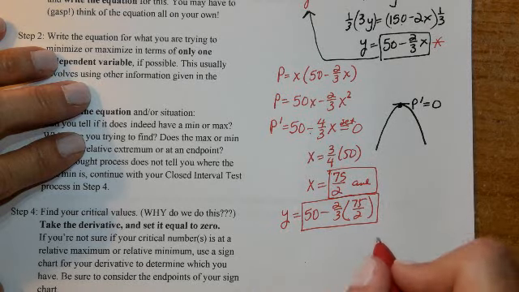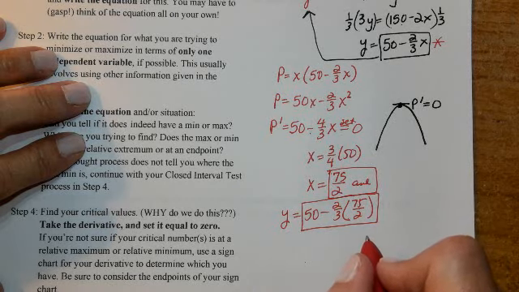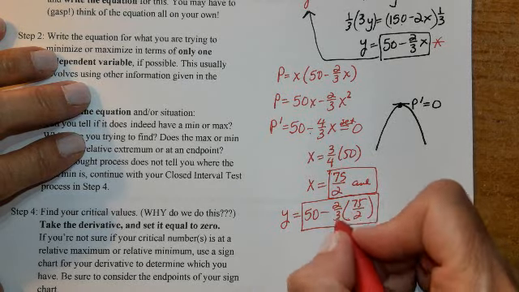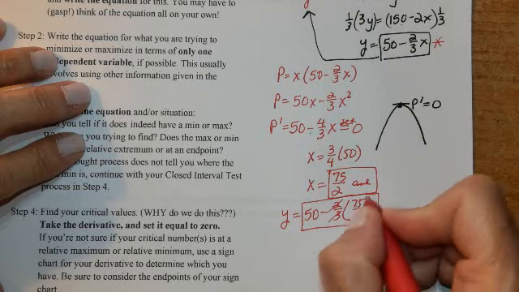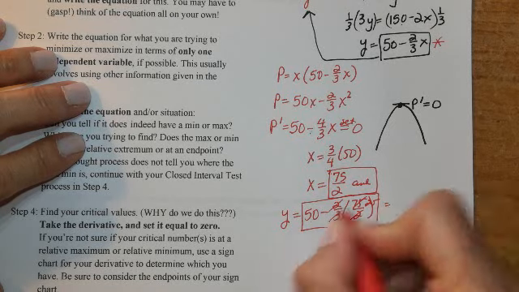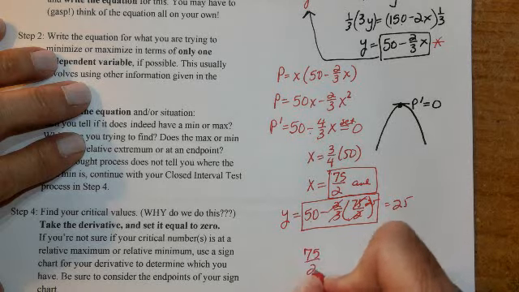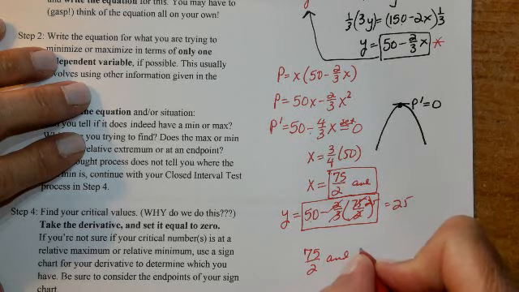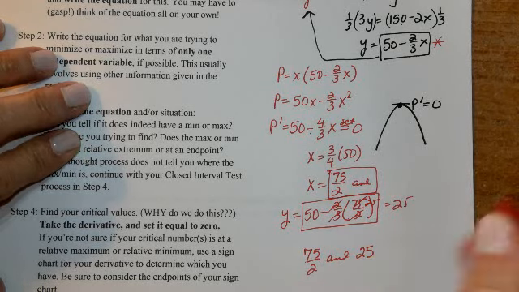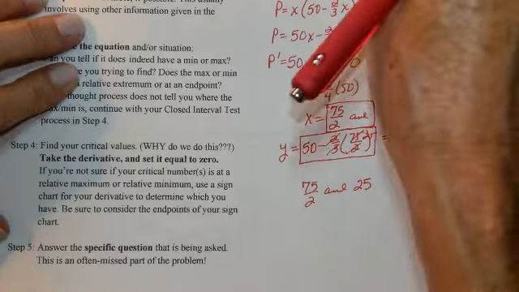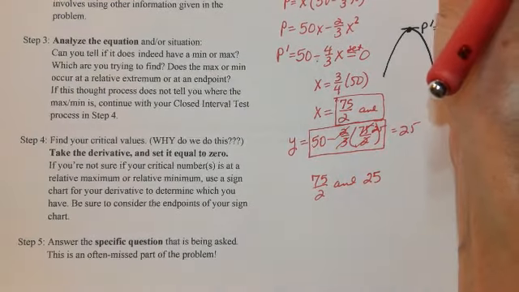If it's a multiple choice question, which these oftentimes are, 50 minus 25 is 25. So the multiple choice answer would be 75 halves and 25. Okay? All right, next example.